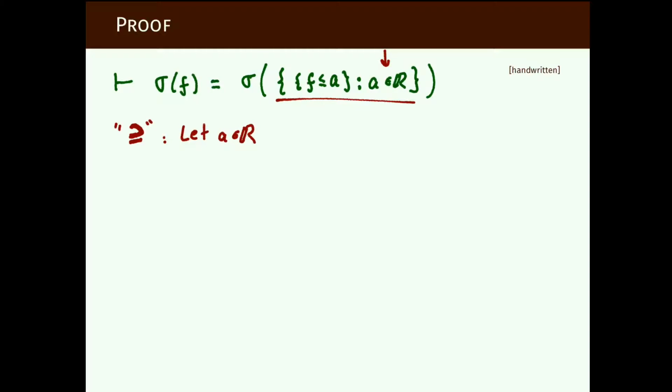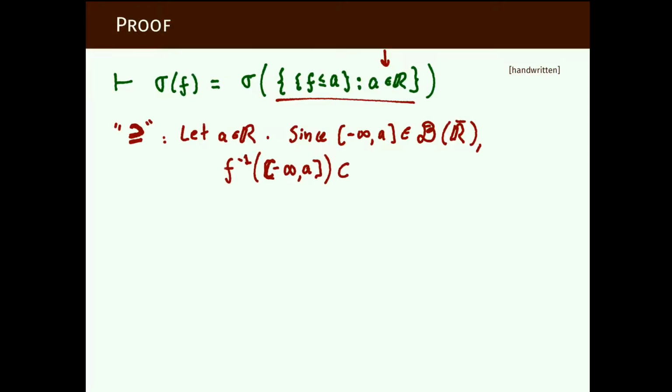Just note that since this closed interval, minus infinity to a, is an element of the Borel sets of the extended real line, then by definition of the pullback of a sigma algebra by the function f, the pre-image f^{-1} of this interval closed at a is a member of this sigma algebra sigma of f.